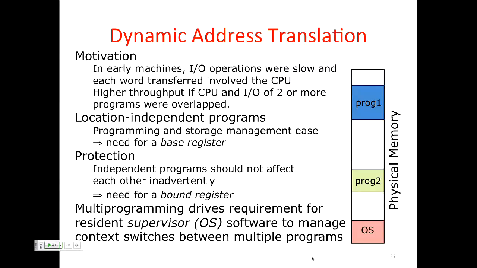What motivated this in the beginning was that you wanted multiple applications on the same machine. Back in the days, the key reason was that I/O was very, very slow compared to how fast your application was running. So you needed multiple applications to make use of your machine because you wanted to run your second application while your first application is waiting for its I/O.